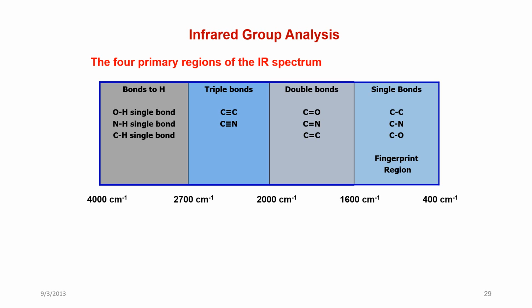And again, the functional group region is classified into three headings. The first part corresponds to the OH, NH and CH stretching bands. The next region corresponds to the triple bond region, and from 2000 to 1600 is known as the double bond region.